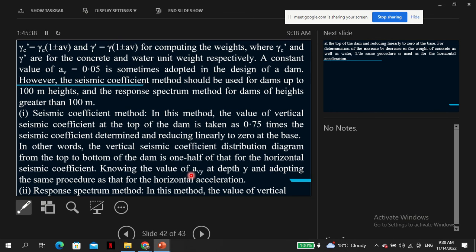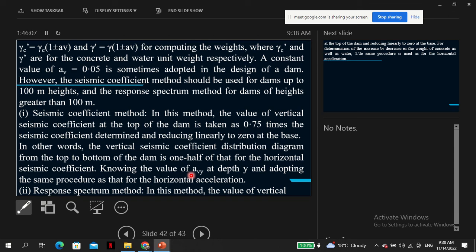In the seismic coefficient method, the value of the vertical seismic coefficient at the top of the dam is taken as 0.5 times the seismic coefficient. Remember we said that for the horizontal coefficient at the top of the dam it is 1.5. The same idea applies here, but now it's 0.75 times the seismic coefficient determined, reduced linearly to 0 at the base of the dam, the way we've done with the horizontal case.